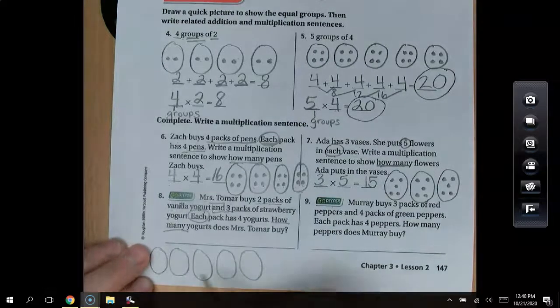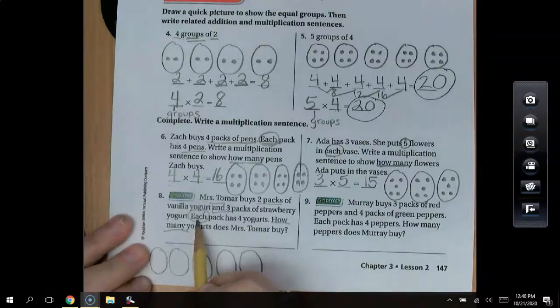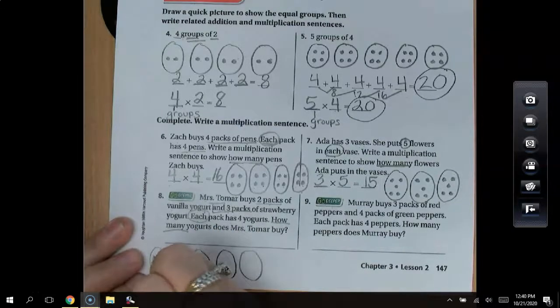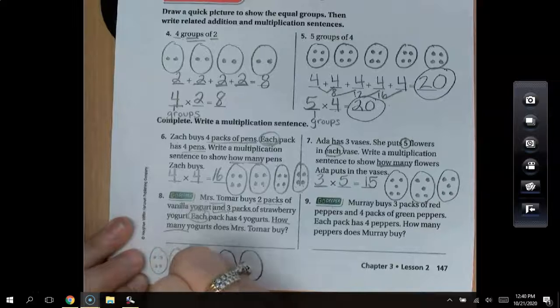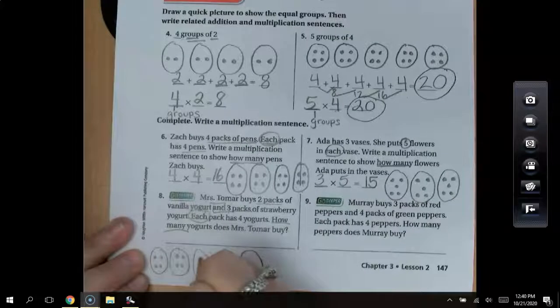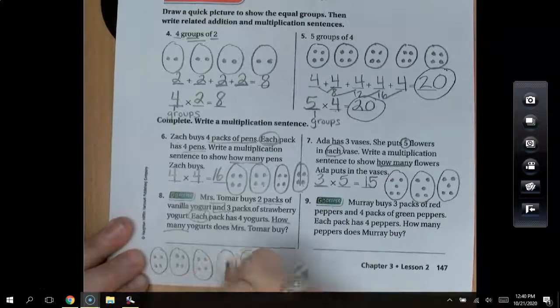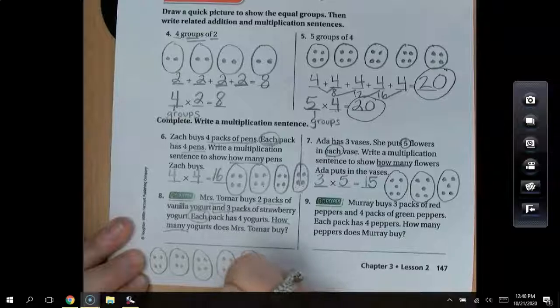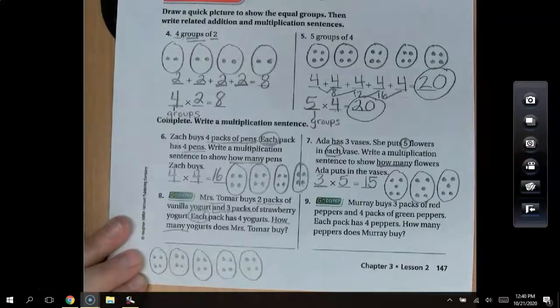So I go back up to my problem, and it says each pack has 4 yogurts. So each pack, I need to put my 4 yogurts in.